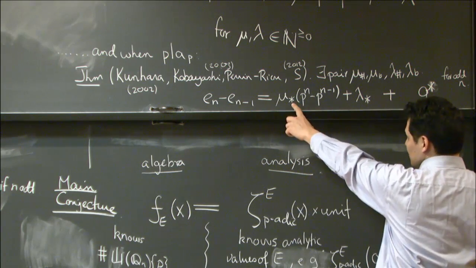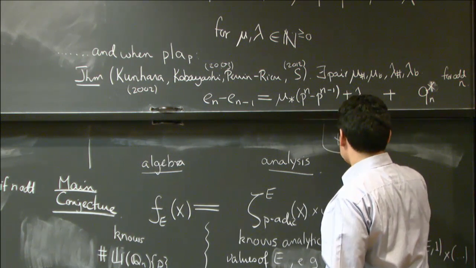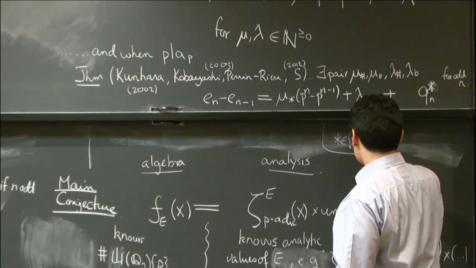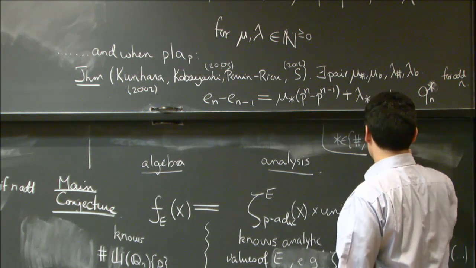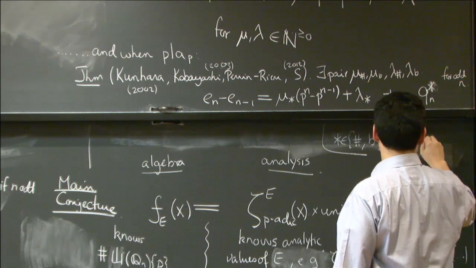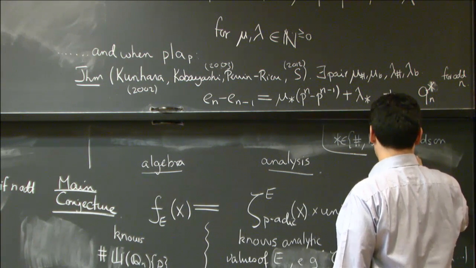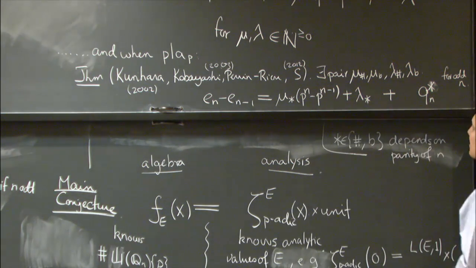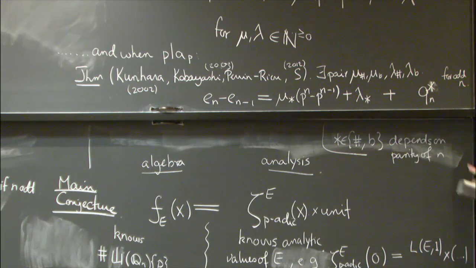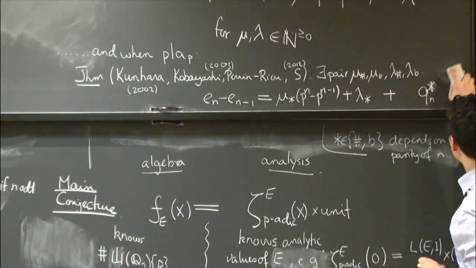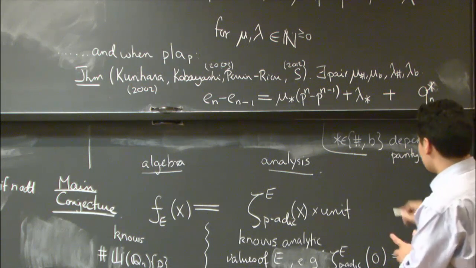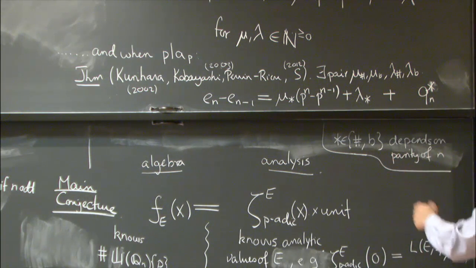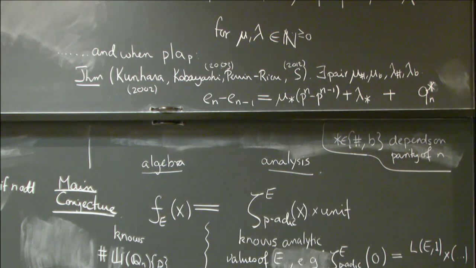But these indices depend on the parity of n. So for example, under the assumptions of Kurihara, it was q_n sharp for odd n. In the general case, there's an algorithm to determine which index you choose, sharp or flat. So those are mysterious constants, mu sharp, mu flat, lambda sharp, and lambda flat.